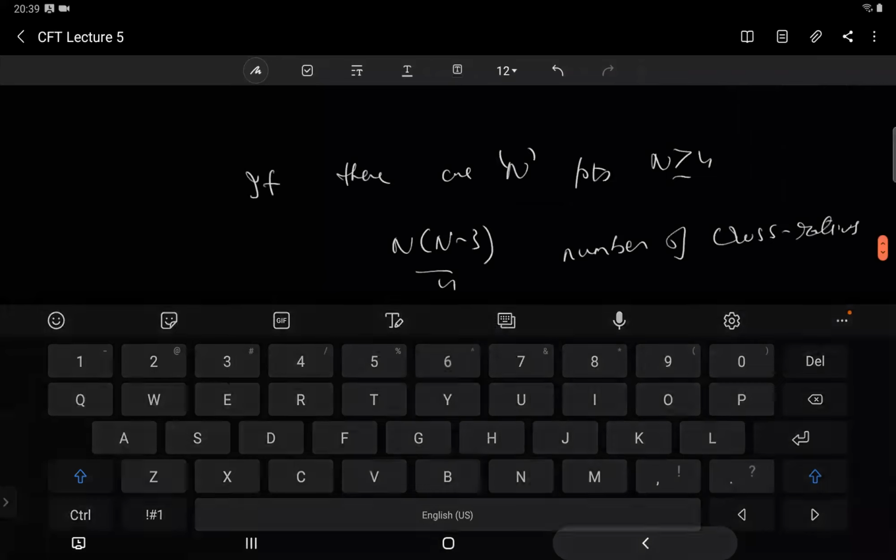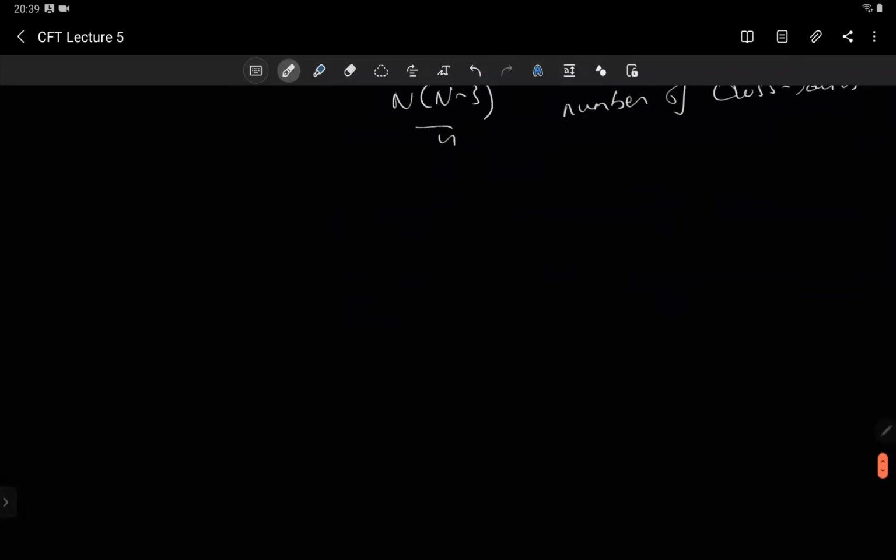I also said that if you have conformal symmetry, then you can take any 3 arbitrary points and map them to 0, 1 and infinity. How do you do that?